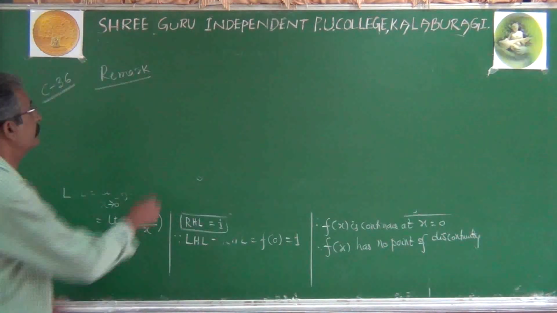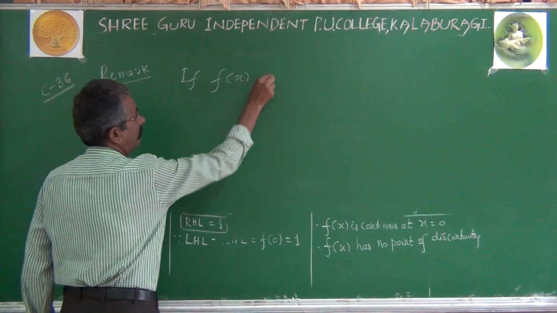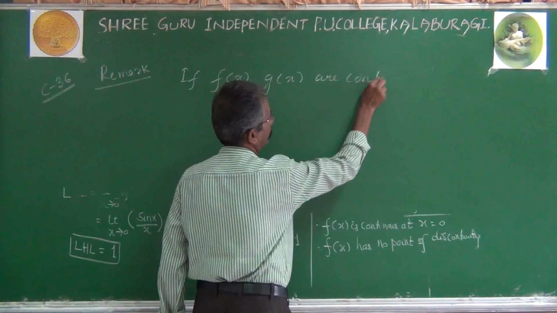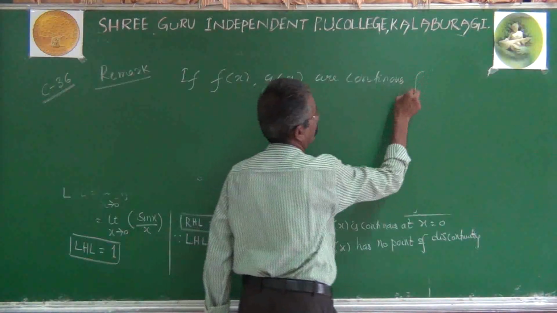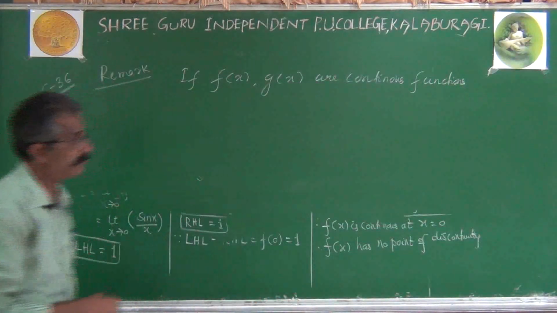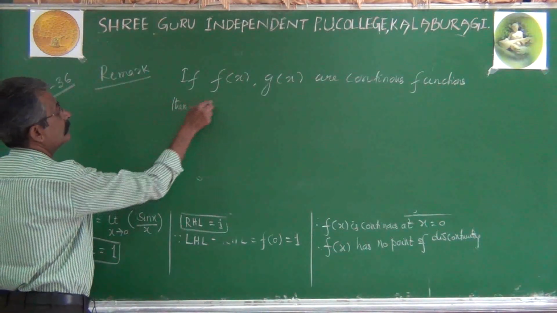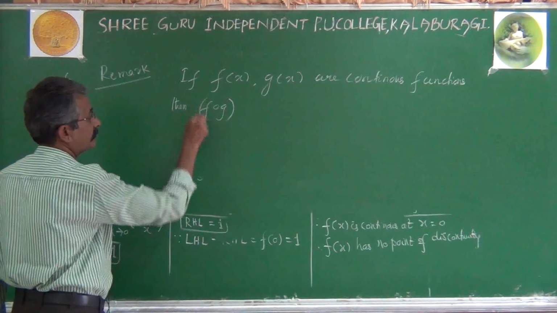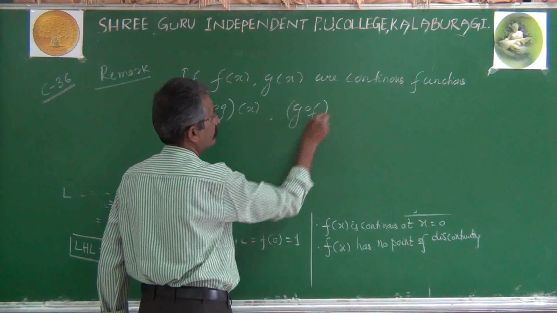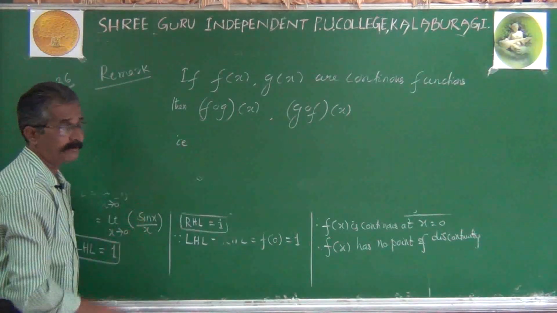You write, if f of x, g of x are continuous functions, then f o g of x, g o f of x, that is, what's the meaning of f o g of x?